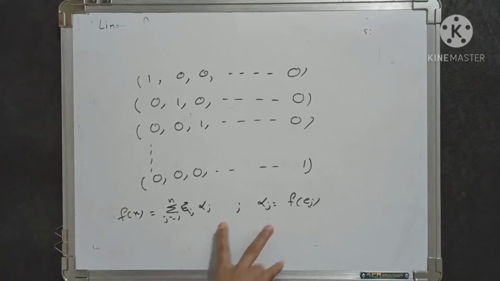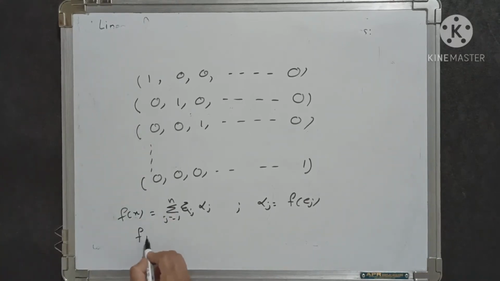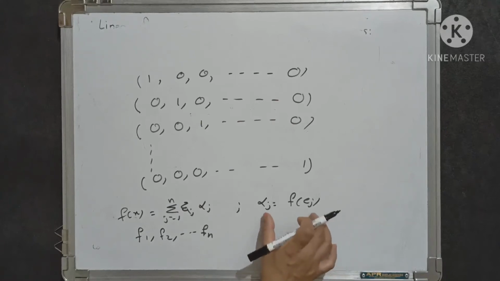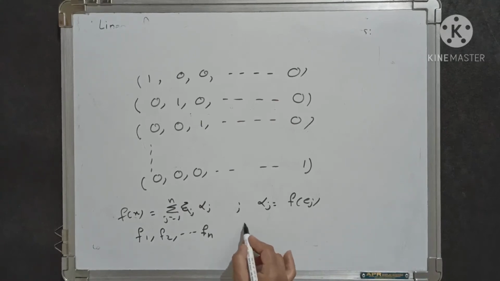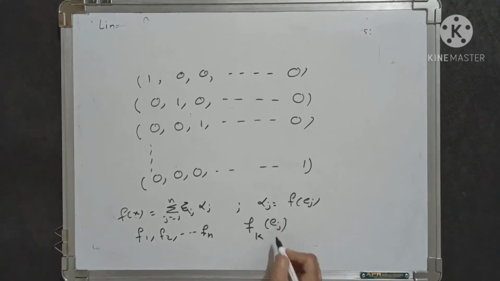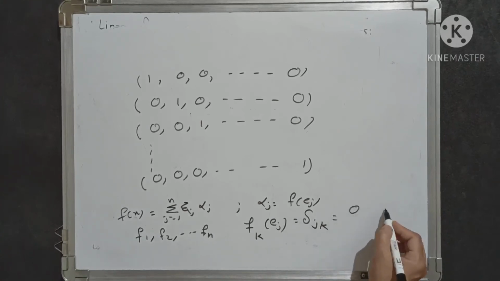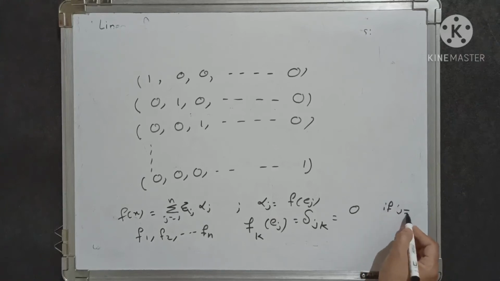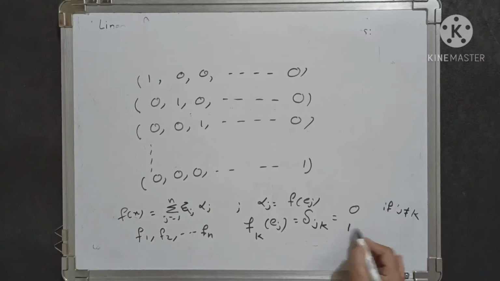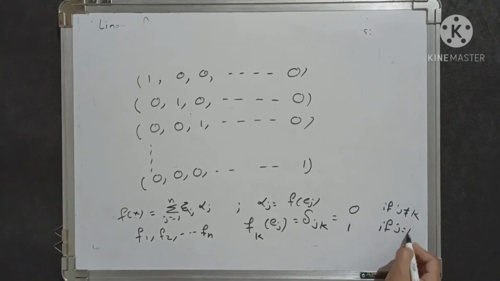Therefore from this equation we observe the n functionals, which we denote by f1, f2, up to fn, with these values. By using this we say that fk of ej equals delta jk, which equals 0 if j is not equal to k, and equals 1 if j equals k.